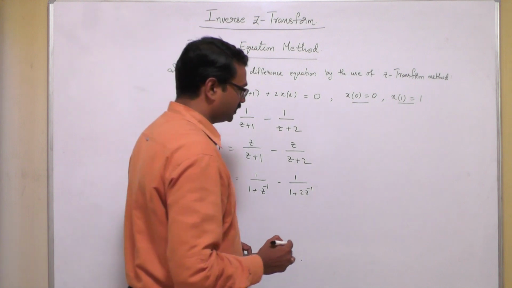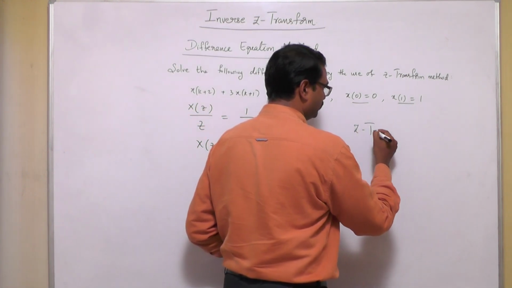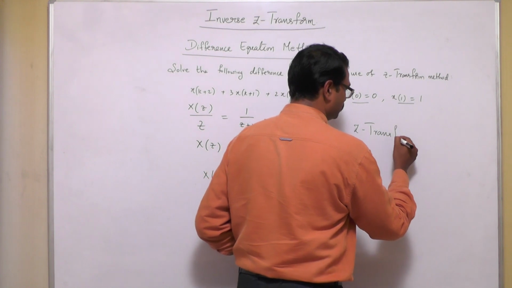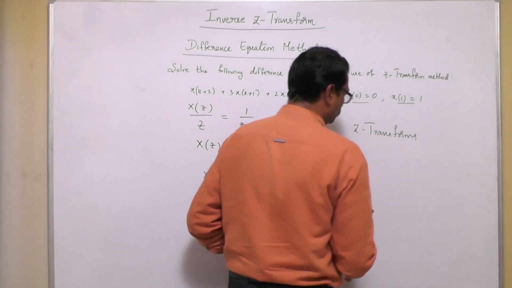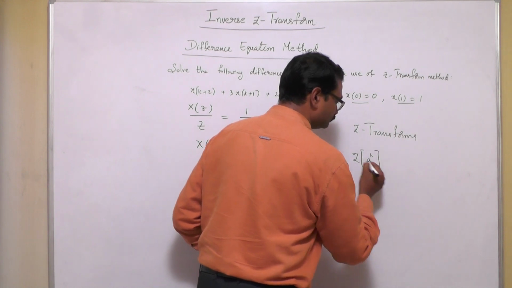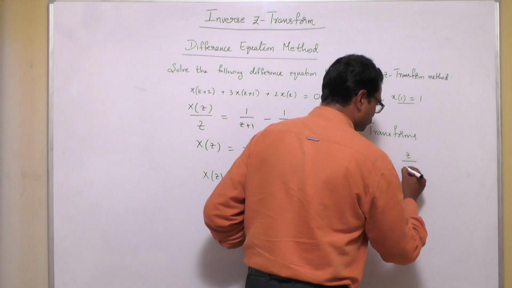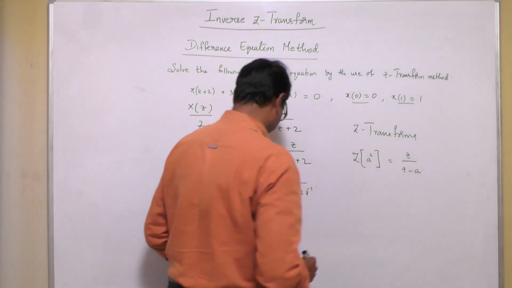Now in the previous case, when we were studying z transforms, what is the z transform of a power k? Z transform of a power k is z by z minus a.